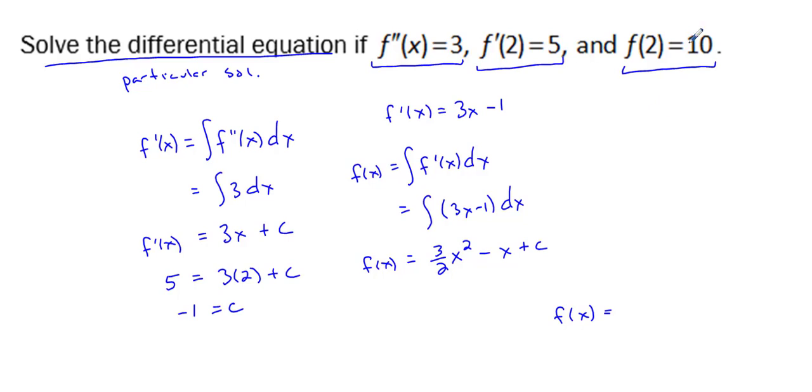Okay, now let's use our initial condition for f to solve for this c value. Okay, well, we get 10 equals 3 over 2 times 2 squared, minus 2 plus c. Well, that would be 10 equals 12 over 2, which is 6, minus 2 plus c. 6 minus 2 is 4, subtract, and you get 6 equals c.